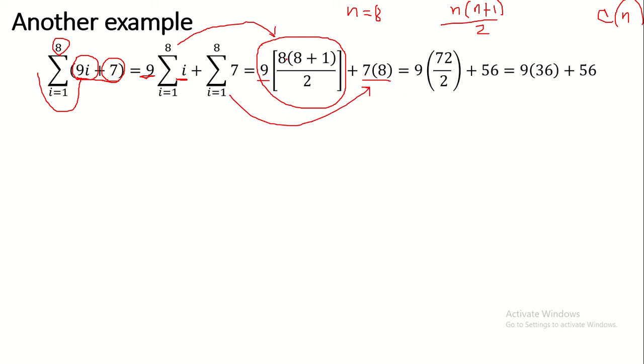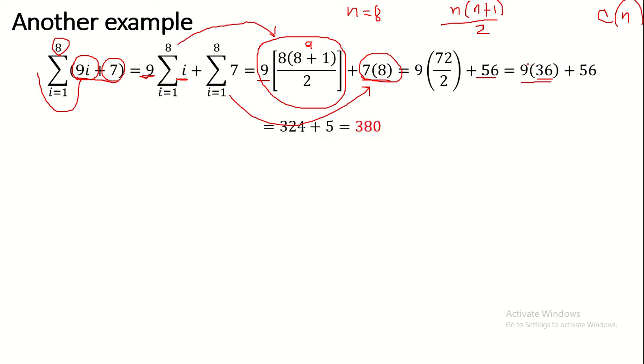So we have 8 times 8 plus 1 is 9. So 8 times 9 is 72 divided by 2. So 9 times 72 divided by 2 plus 56. 7 times 8 is 56. So 72 divided by 2 is 36. That's why we have 9 times 36 plus 56.